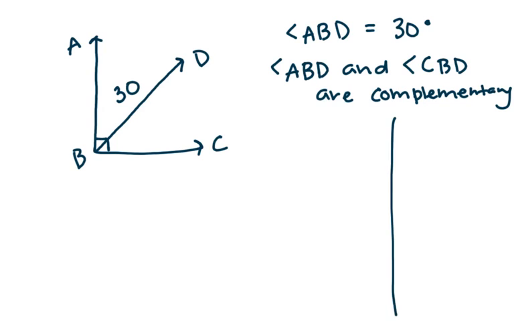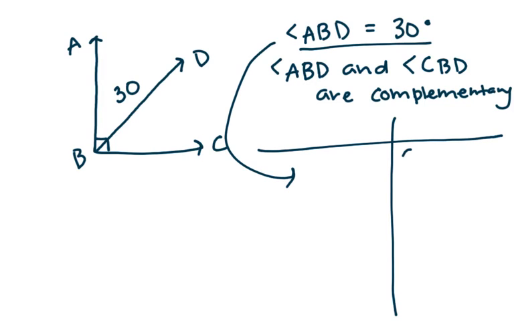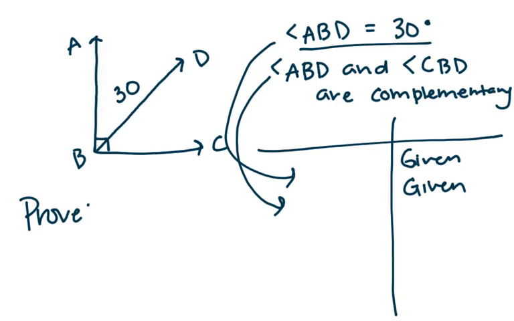So when you're writing out your proof, okay, that first line is given, okay? And then that second line is also given. But you're trying to figure out what is, and your prove, so prove that angle CBD equals 60.